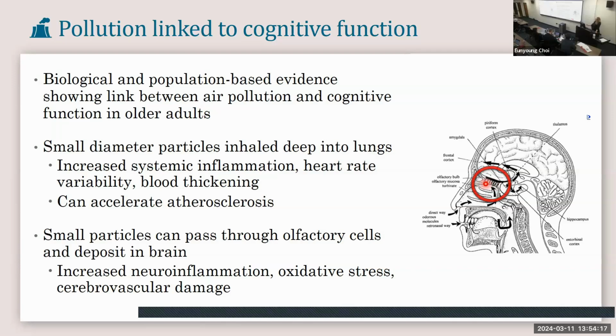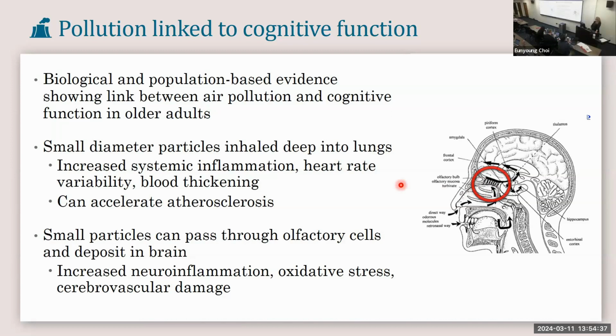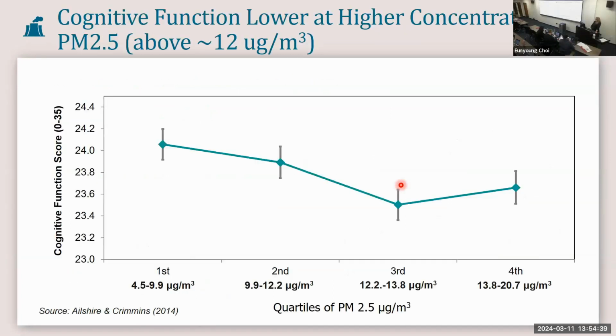It turns out ultra-fine particulates can also traverse the blood-brain barrier, which is scary. But particles can actually get translocated from our nose right into the brain. So these lab-based and some human studies have shown increased neuroinflammation and cerebral vascular damage that would be consistent with cognitive issues.